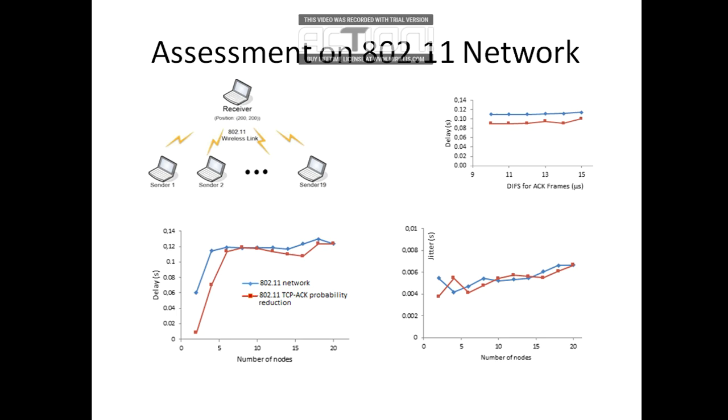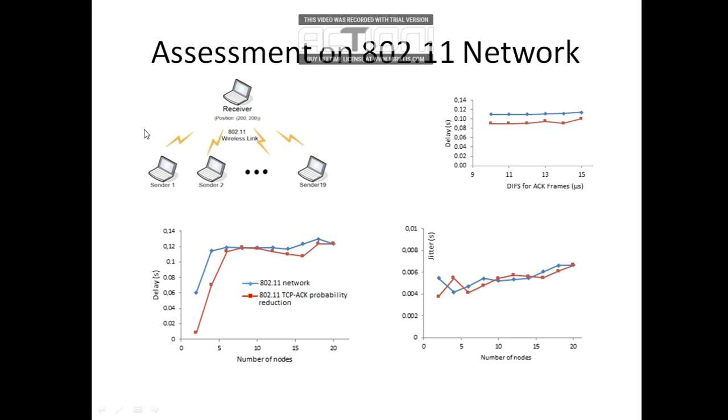Then we try to implement the proposed method in a Wi-Fi network. The strategy is by reducing the DIFS parameter within the Wi-Fi network for the frame containing TCP acknowledgement.